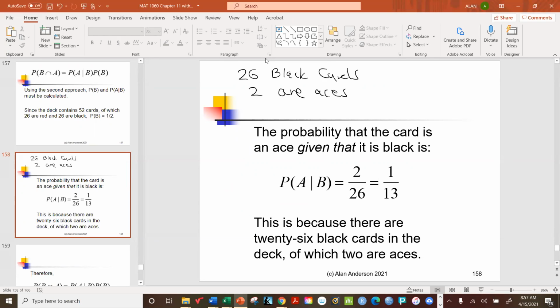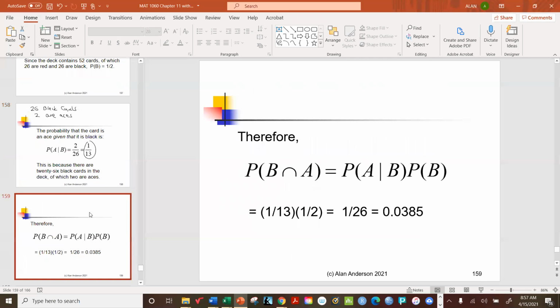So 2 out of 26 cards qualify. 2 of the 26 black cards are aces, so therefore this probability is 1 out of 13. And so when we substitute these into the formula, well, it looks pretty similar, doesn't it? It's 1/13 times 1/2, 1/26, and once again, that's 0.0385.